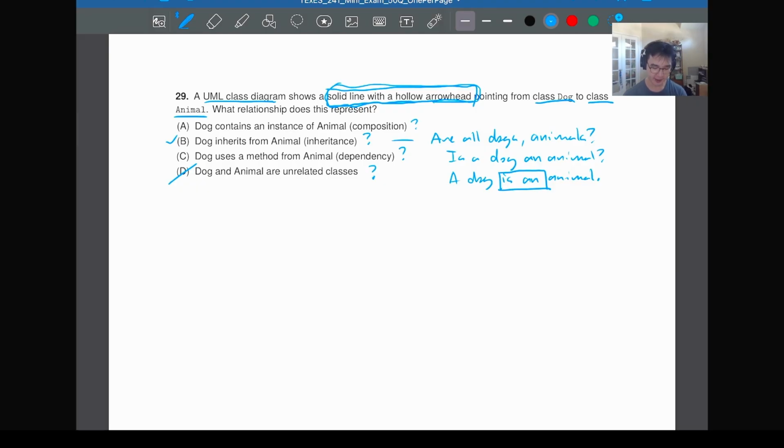C, does the dog class use a method from animal class? Possibly, but that wouldn't necessarily be what the line is representing. Really, for this question, you're looking at A and B. Is it composition or inheritance? For an inheritance, you ask the is-a test.